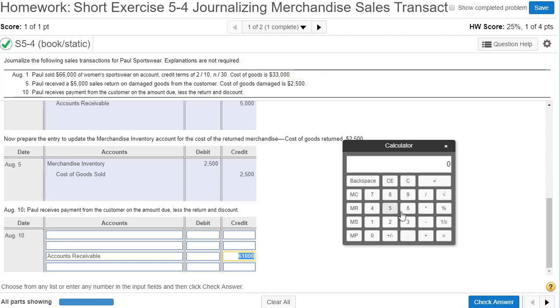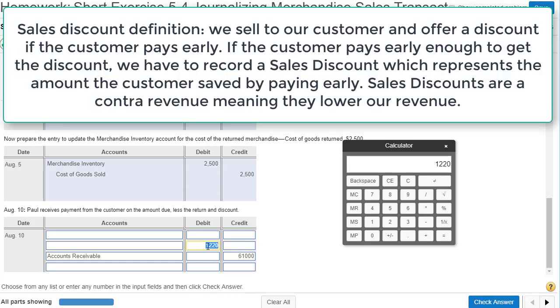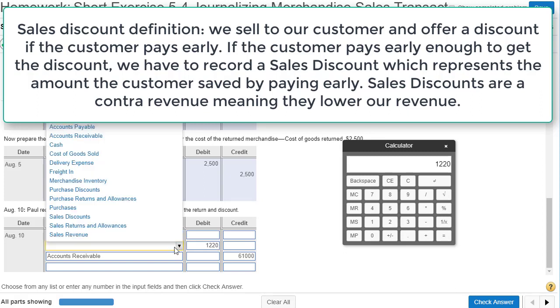So we're going to plug in the 61,000 times 2%, which is 0.02, equals 1,220. This is the amount that they save. When we're selling and we offer a discount, we want to keep track of that. That's called sales discounts.